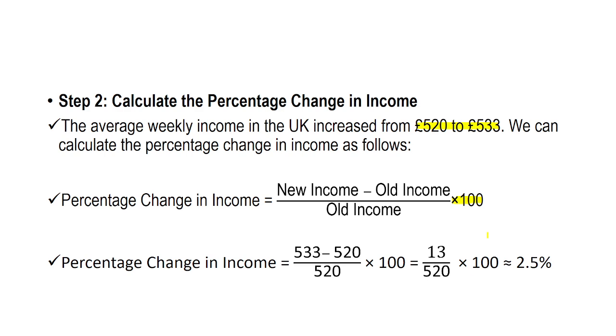So the new income is 533 sterling, increased from 520 to 533. So 533 new income minus old income 520, divided by old income 520, multiplied by 100. The answer is 13 divided by 520 multiplied by 100, which is about 2.5%. We don't forget the percent sign as well, because we have a multiplication by 100.